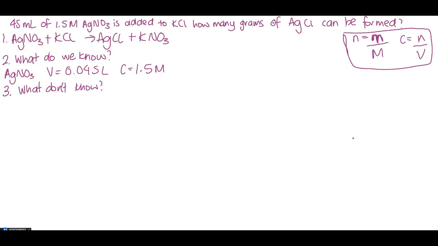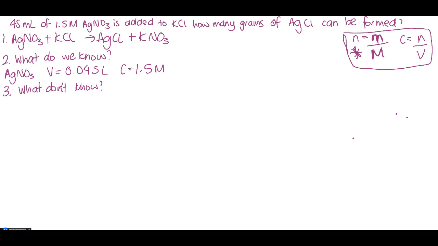Now we can rearrange this equation to work that out. But first, we know the molecular weight, but we don't know the moles. We can use this equation C equals N over V to work out moles, to then be able to use this equation to work out how many grams of silver chloride would be precipitated out.